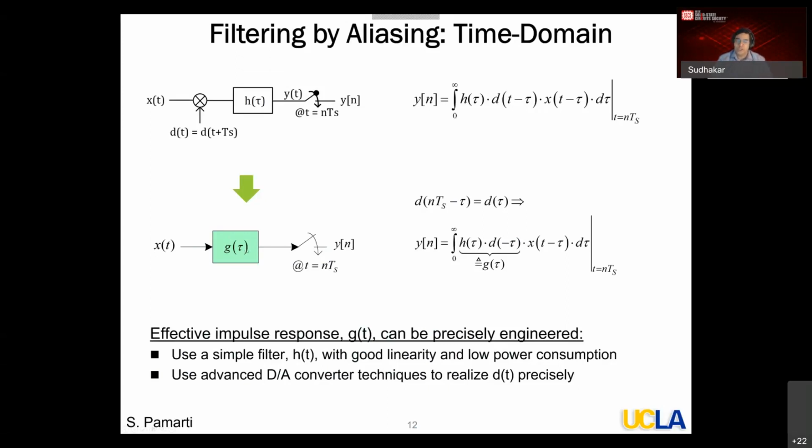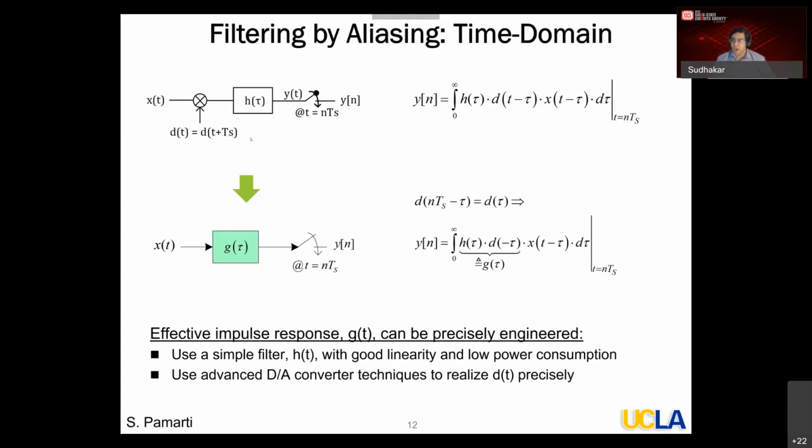And what is this g of tau? This g of tau is nothing but the product of the original impulse response h of tau and d of minus tau. Remember, d is a periodic signal, so d of minus tau is the same as d of Ts minus tau, right? So at first glance, it looks like I have made things more complicated, but not really.